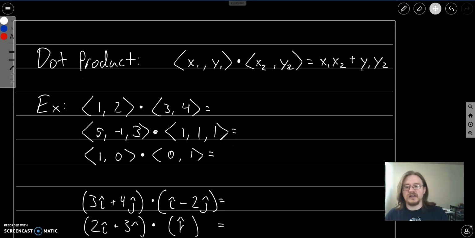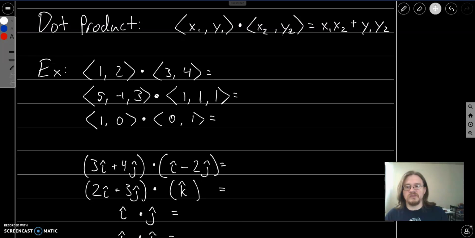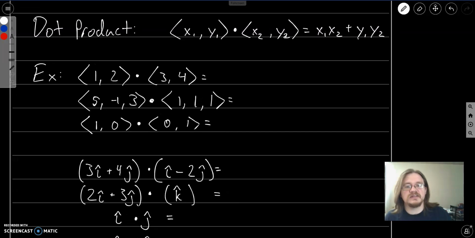So here, we're just going to do a bunch of examples, and here is essentially the formula for the dot product. When we multiply two vectors using a dot product, we multiply the coordinates. So we have the two x coordinates, we multiply them together.